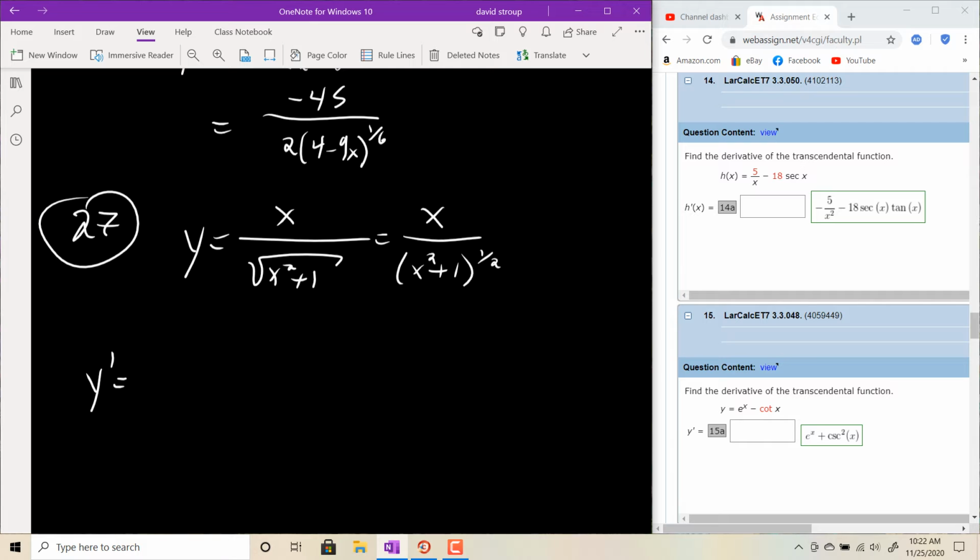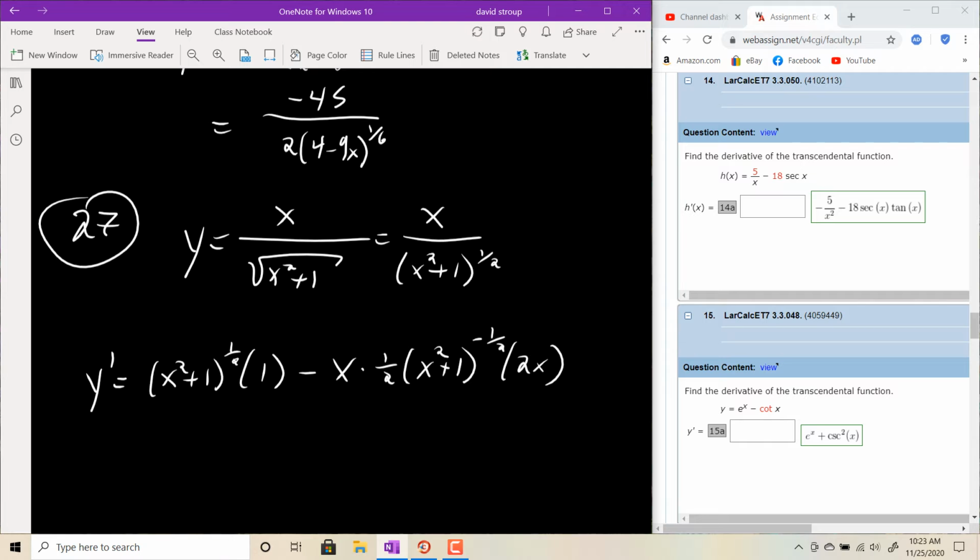So you'll have low d high, x squared plus 1 to the 1/2 times the derivative of the high, minus high times the derivative of the low, 1/2 x squared plus 1 to the negative 1/2 times 2x, all over the low squared.